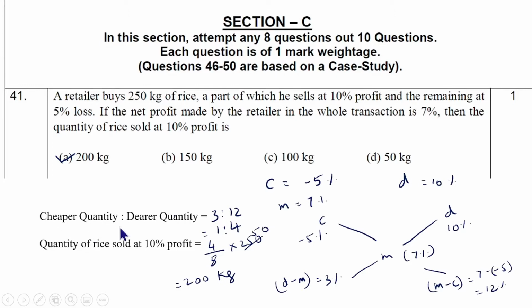So on this side the proportion of cheaper quantity, and this side the proportion of dearer quantity. So cheaper quantity is to dearer quantity is 3 is to 12, which is equal to 1 is to 4. So the quantity of rice sold at 10% profit is 4 upon 4 plus 1, 4 by 5 into the total quantity 250. So the correct option is option A.